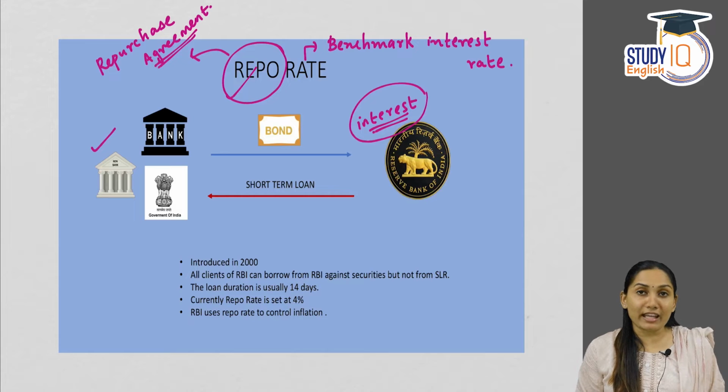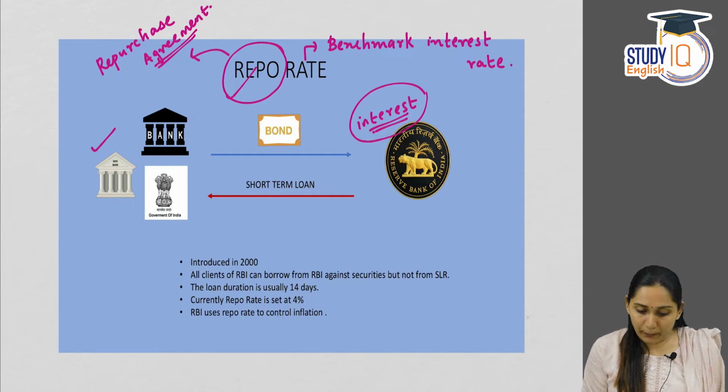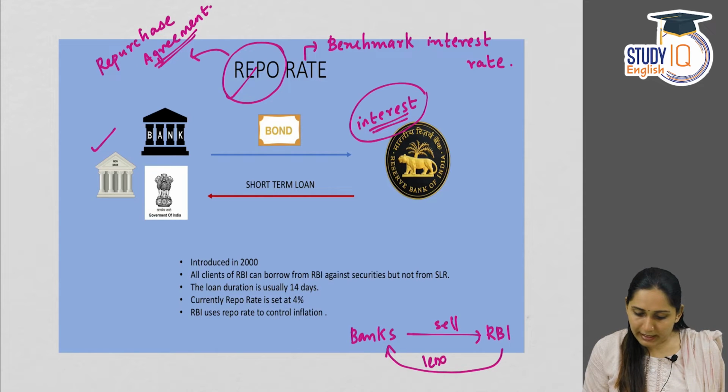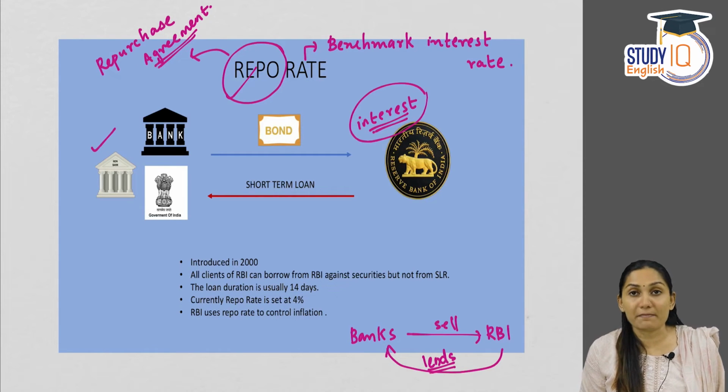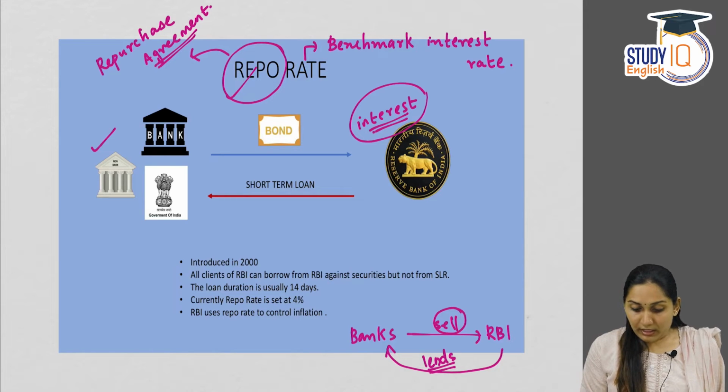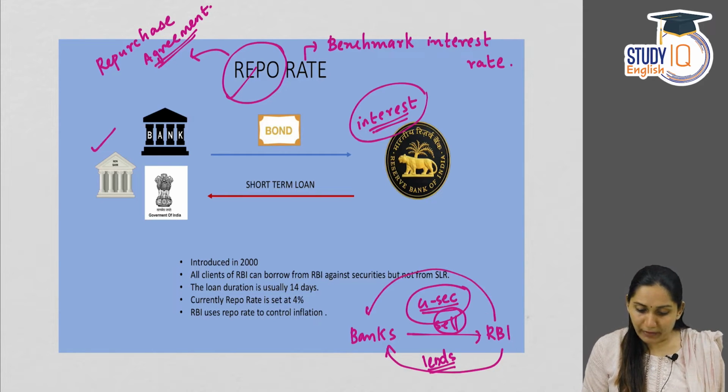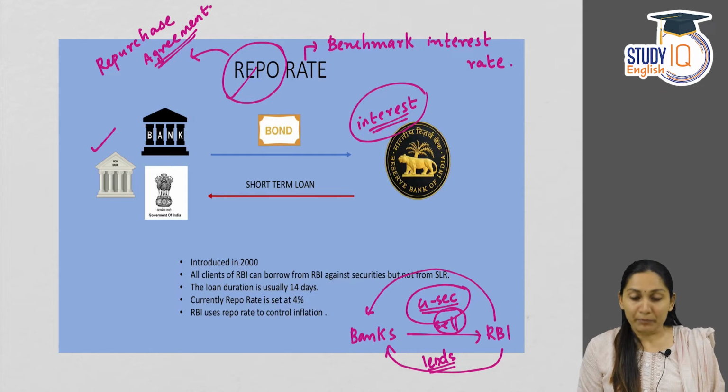Now what happens in case of repo? As it is a repurchase agreement, in case of repo, the banks sell their government securities to RBI and RBI lends money to the banks based on the government securities that the bank sells. Now, the government securities which are sold by the banks, there is a repurchase agreement that the banks agree to repurchase it back from the RBI on a specified time. So that is why it is called as a repurchase agreement.